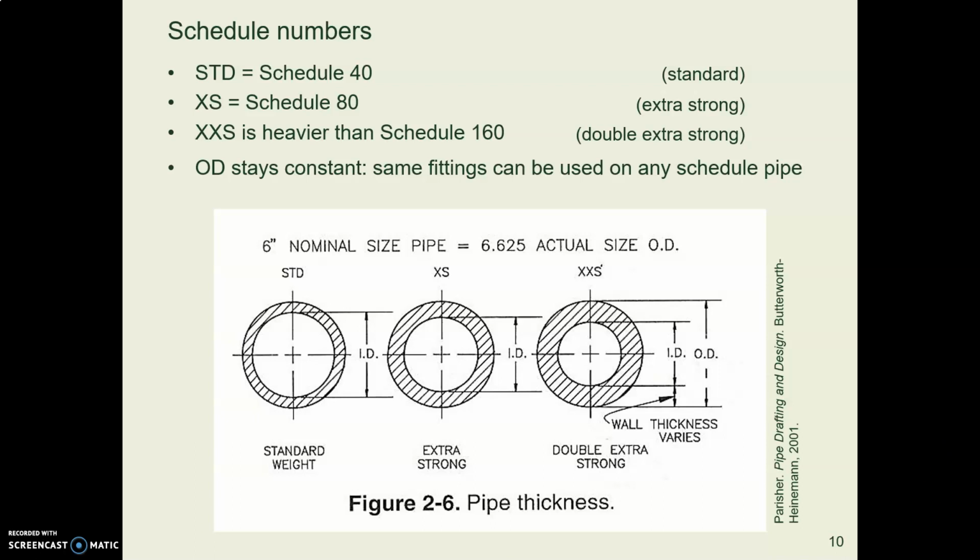What manufacturers did then was they made the wall thickness thinner by making the inside diameter get bigger. So they left the outside diameter the same. They made the inside diameter bigger, and therefore the wall thickness was a smaller thickness.